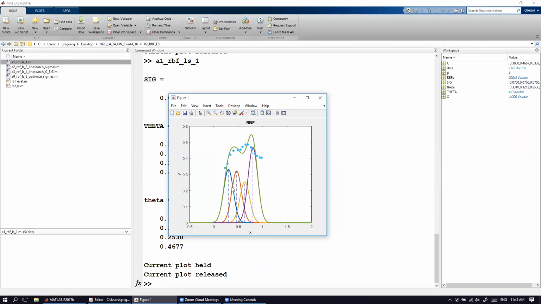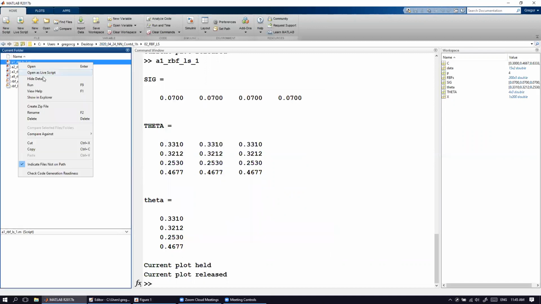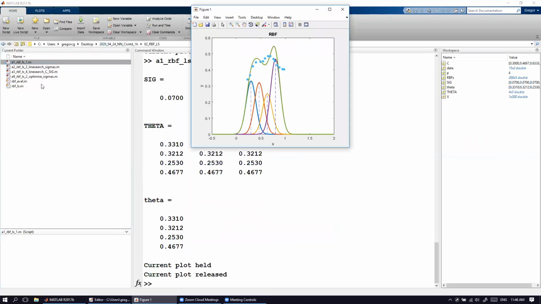The widths are set to some constant value, and then the weights were calculated using the least squares, and this is then what we get. So we get the approximation of this. Again, it's not the best approximation, but it is much better than nothing. And look, it takes that much.